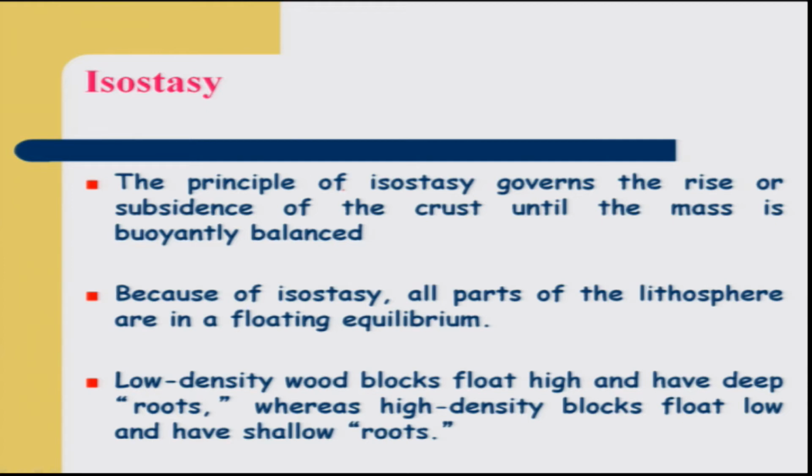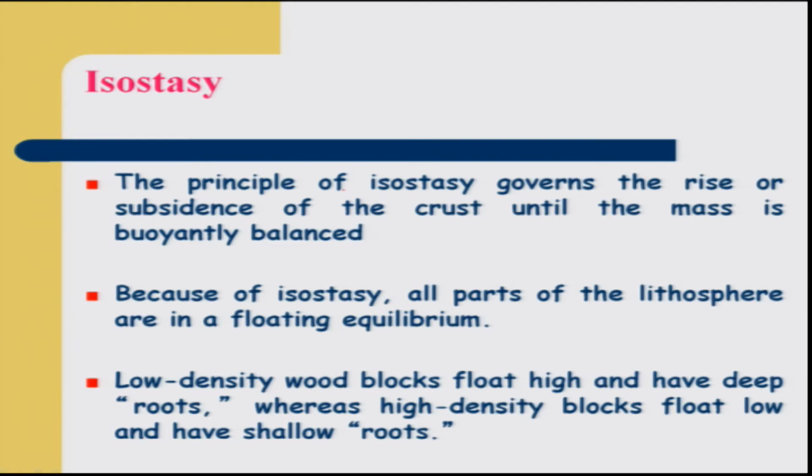Because of isostasy, all parts of the lithosphere are floating in equilibrium. If you erode something from the surface, that will result in uplift, and a very good example is the Himalayan region. We keep on eroding, and the Himalaya keep on rising.